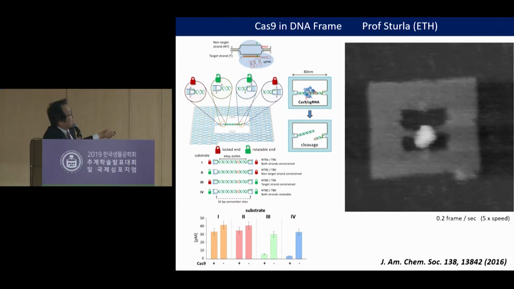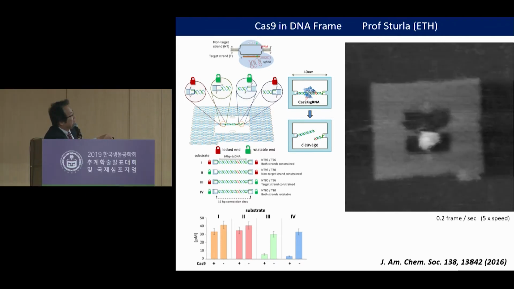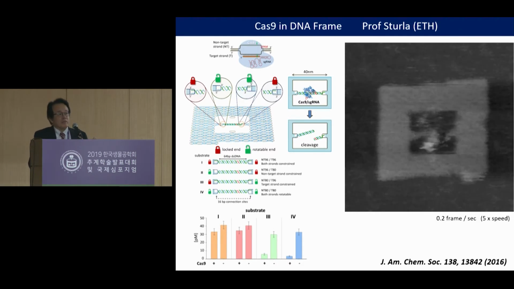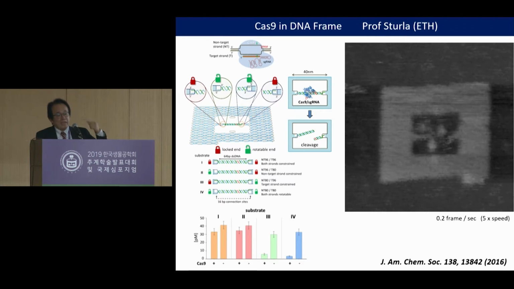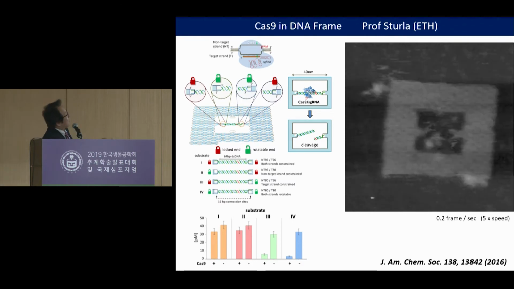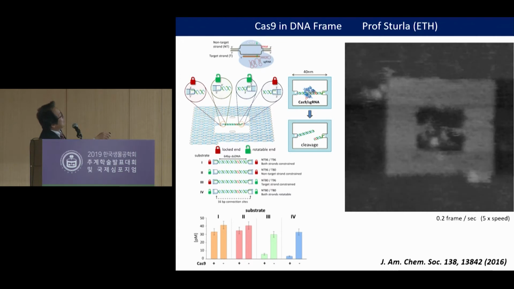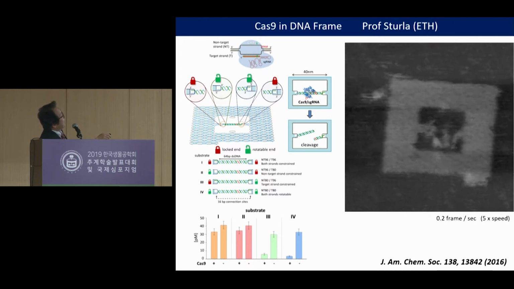And the white spot is Cas9 with guide RNA. And we introduced a rotational constraint of the target strand, which forms a duplex with guide RNA, and also non-target strand.